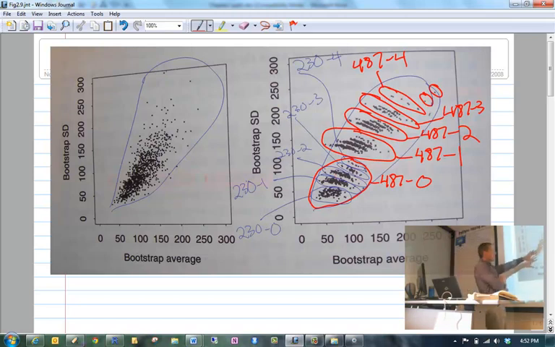First of all, though, let's talk about this left-hand side plot here. This is using the parametric bootstrap. The authors found y bar star, assuming that y was distributed exponential, so they went back to that assumption. Y bar star here, and then also the standard deviation for each resample.